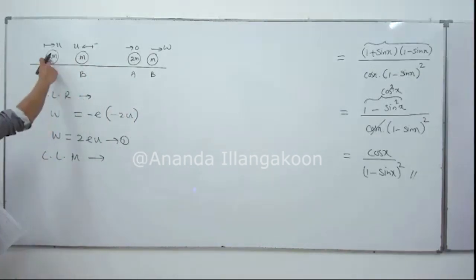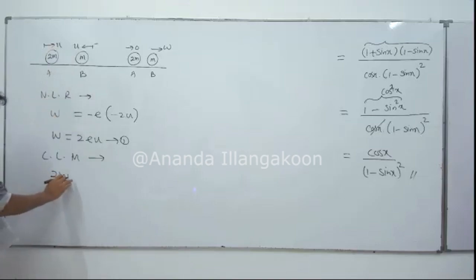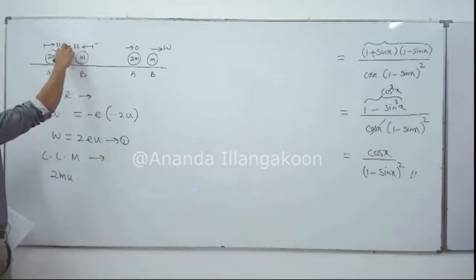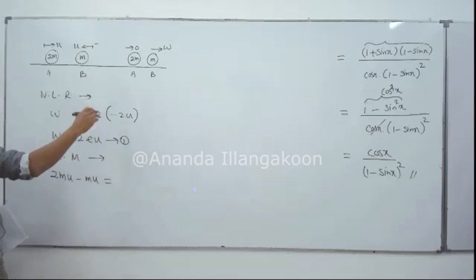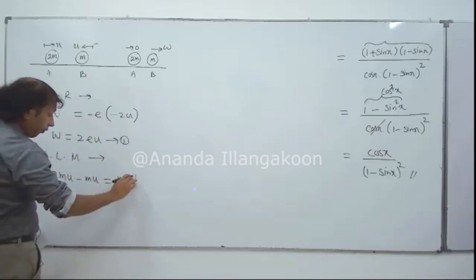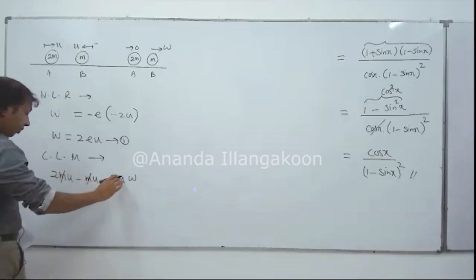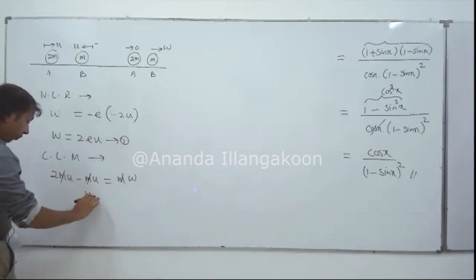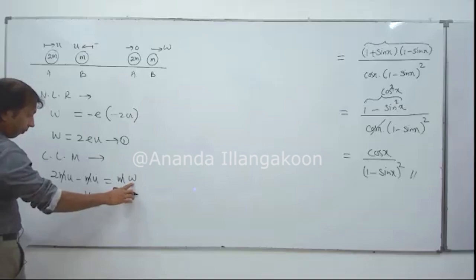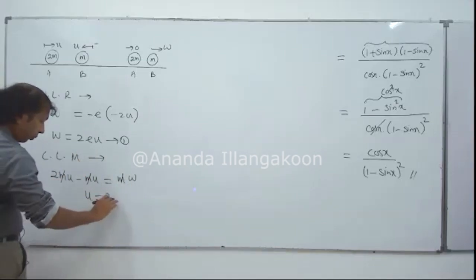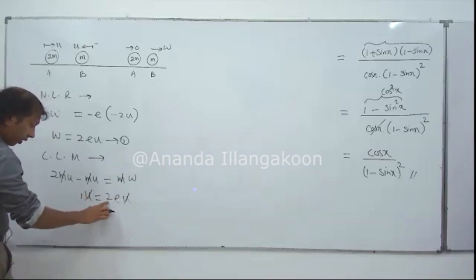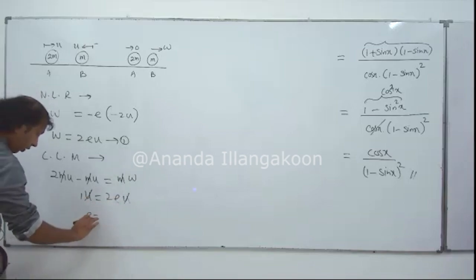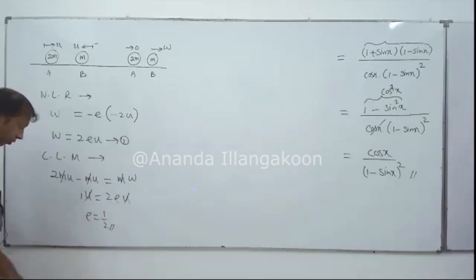So 2mu, with this u being leftward, minus mu, is equal to mW. We cancel m, and here we get u equals W. Put the W value 2eu; u and u cancel down, and we get 1 equals 2e. Then e equals half. We get e as half.